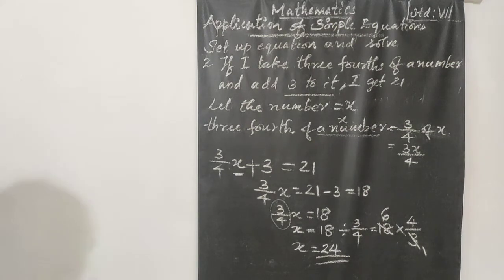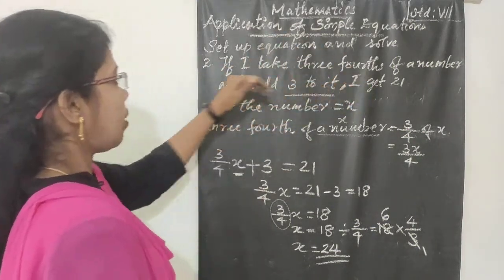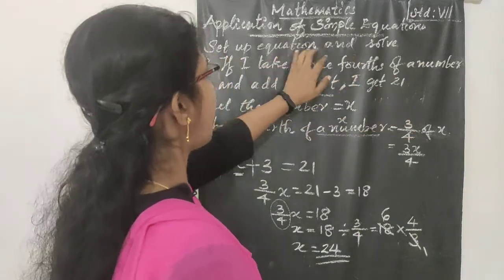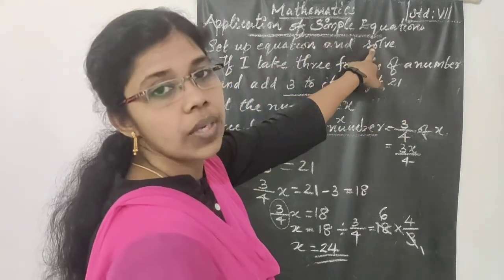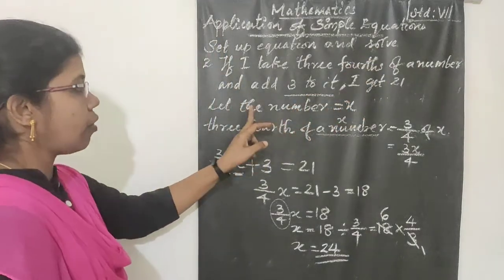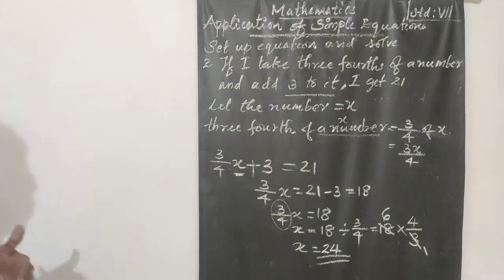What is our question? If I take 3/4 of a number and add 3 to it and I get 21, we have to find that unknown number. That is the question. So we find the value of x. We have to find that required number.